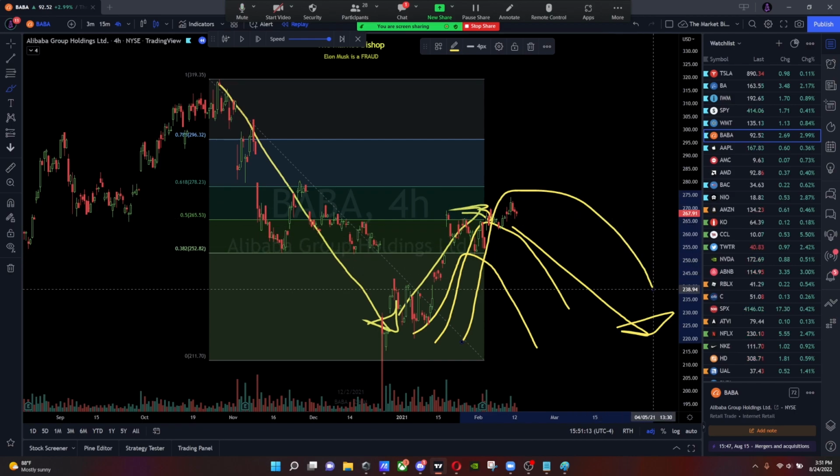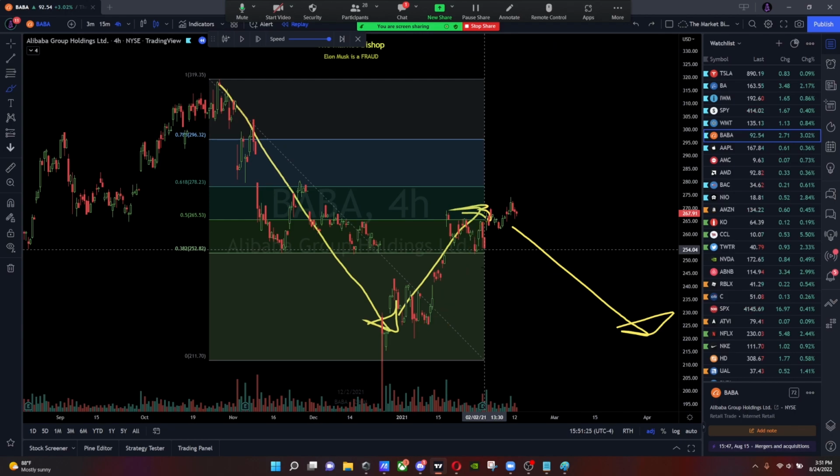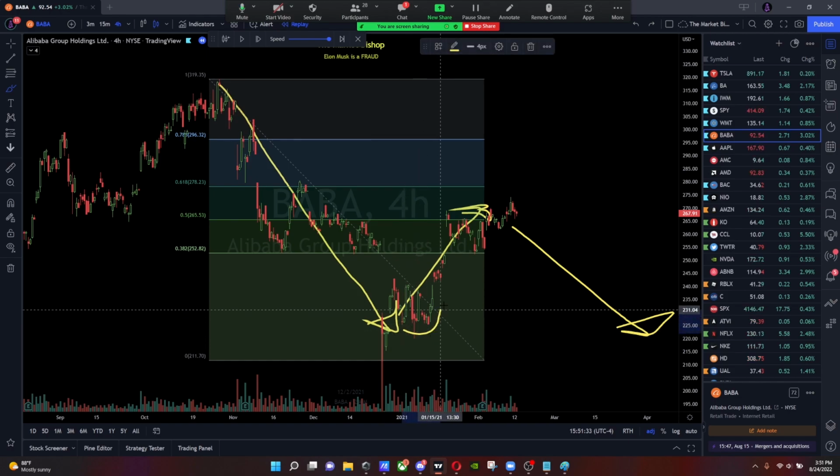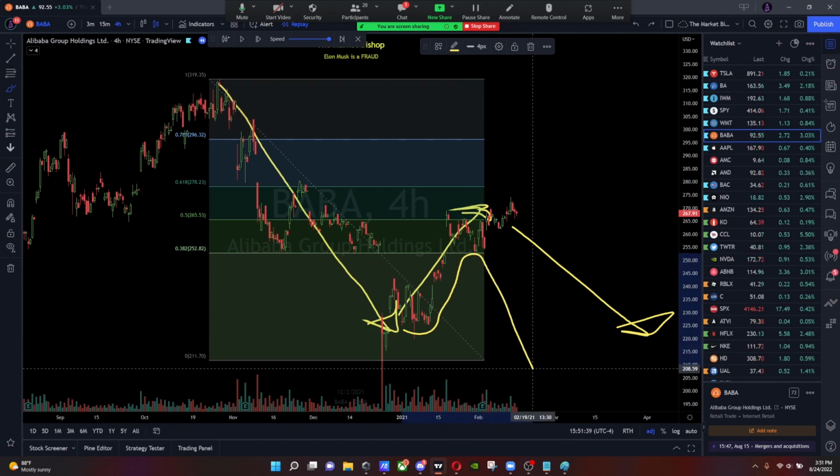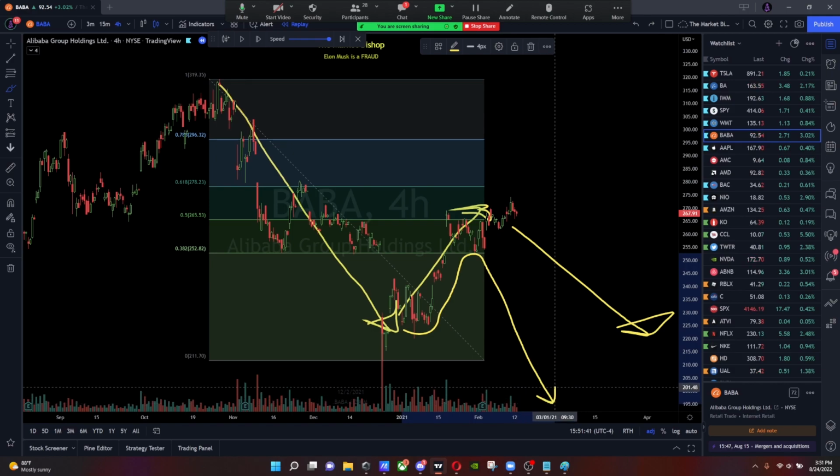Now, keep in mind that the higher the level you go to, the smaller the movement that follows afterwards. Sorry, no, it's the opposite way. Let me just explain what I'm saying. Let's say BABA reverses into the upside and it rejects right over here. Usually the movement that follows is actually pretty strong, right?